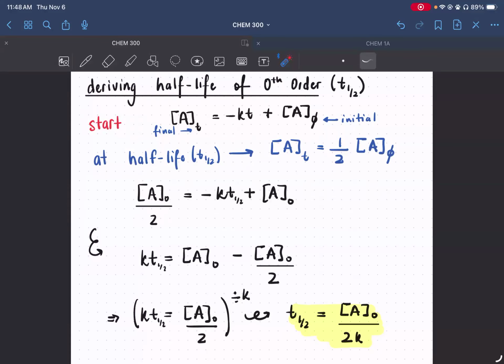What we just did was called a derivation of half-life. We made an assumption about some value. We were specifically looking at half-life. We made a mathematical assumption, plugged that assumption in, and got a simplified equation.